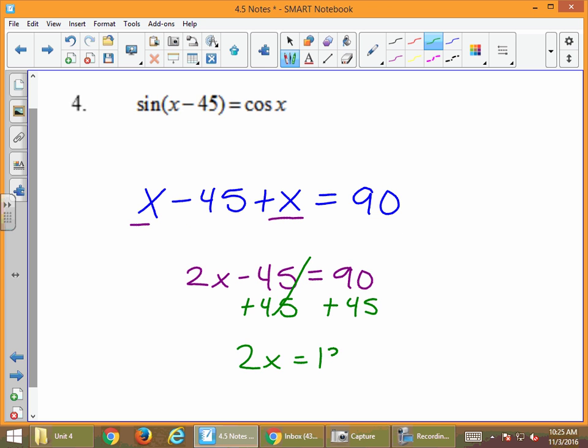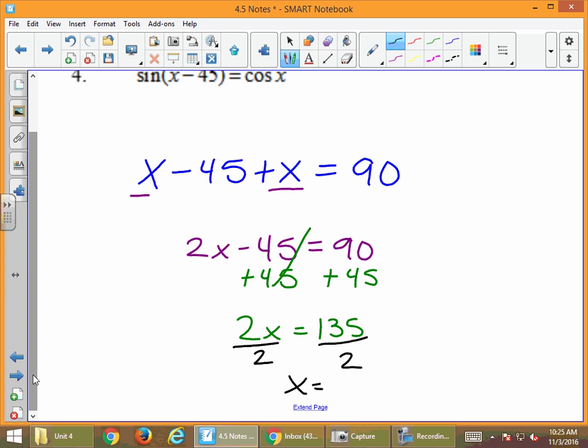We get 135, and then what do we have to do with the 2? So x ends up equaling what? 67.5. So again, that's representing one of your angles.